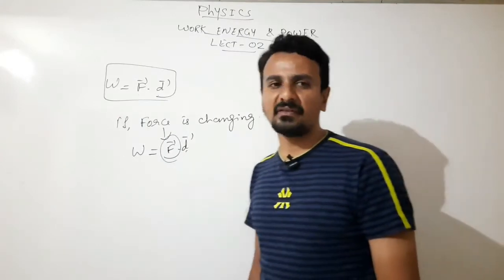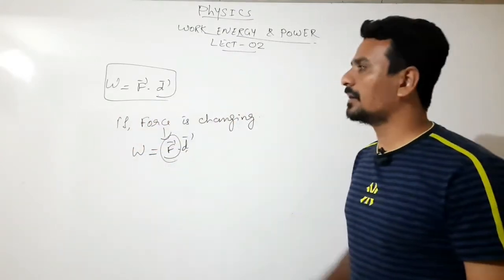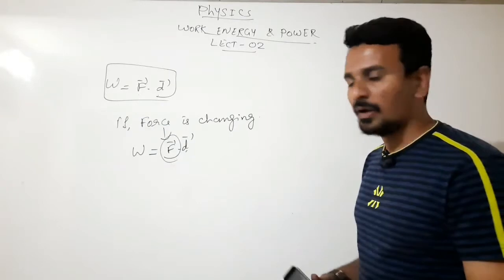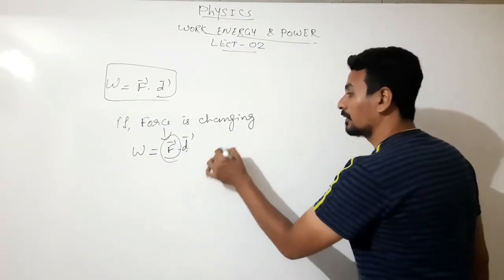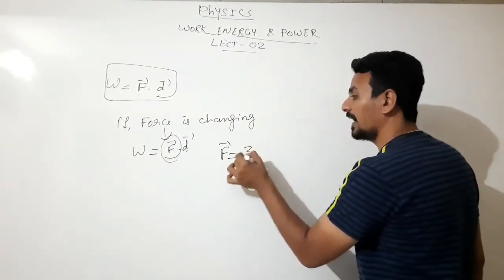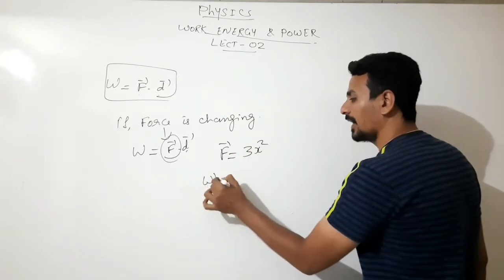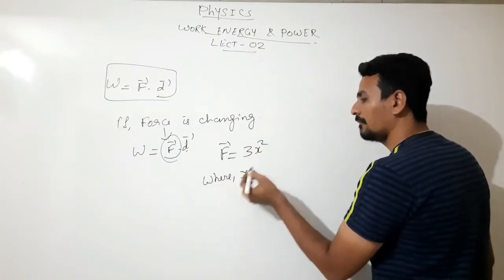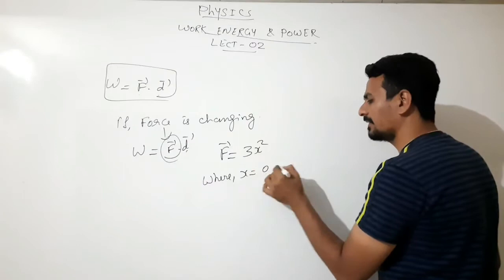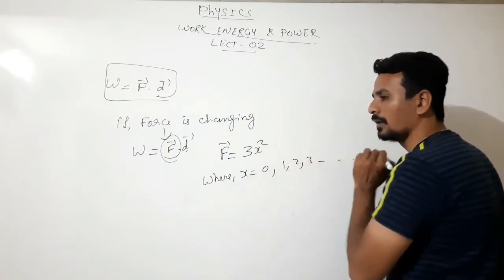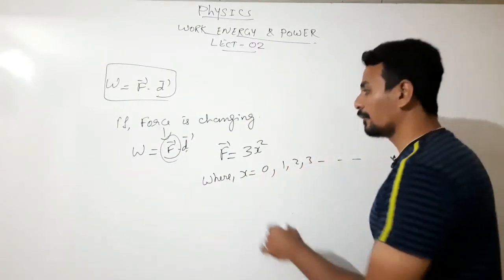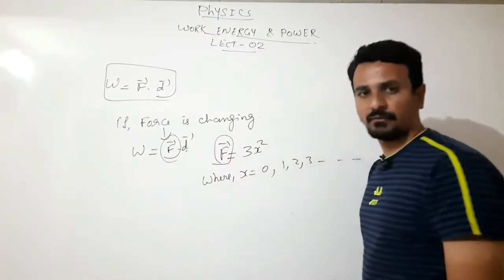So the angle between them is 0, and we can calculate with the formula F D cos 0. But what if the force acting on the particle is, say, 3x square, where x can be any value, say 0, 1, 2, 3, and so on? So in this case, the force itself is not constant.